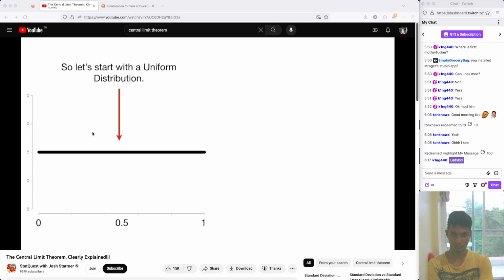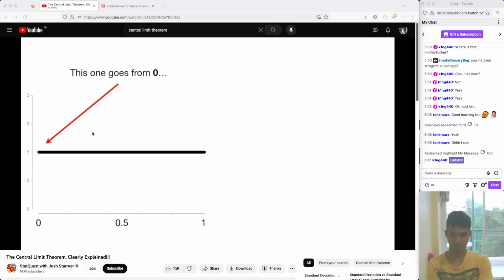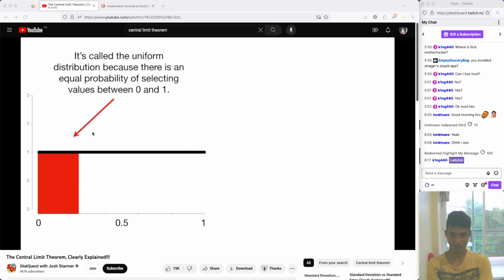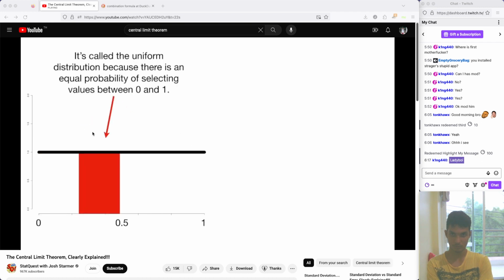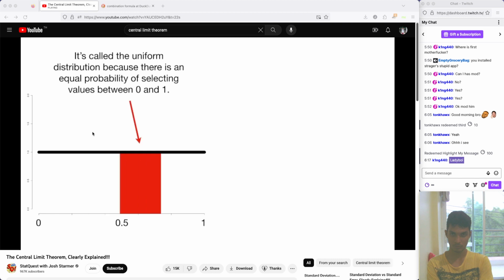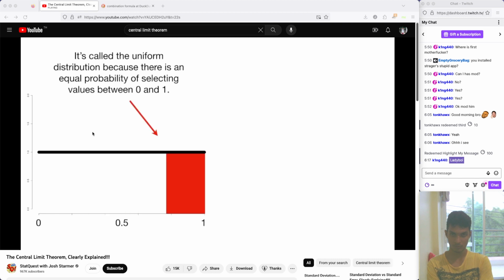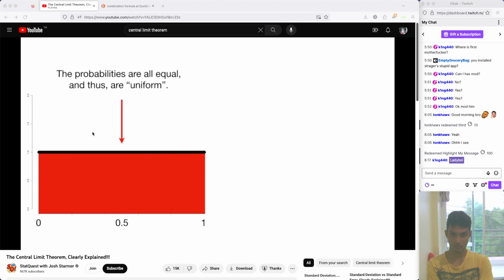So let's start with a uniform distribution. This one goes from 0 to 1. It's called the uniform distribution because there is an equal probability of selecting values between 0 and 1. The probabilities are all equal and thus are uniform.